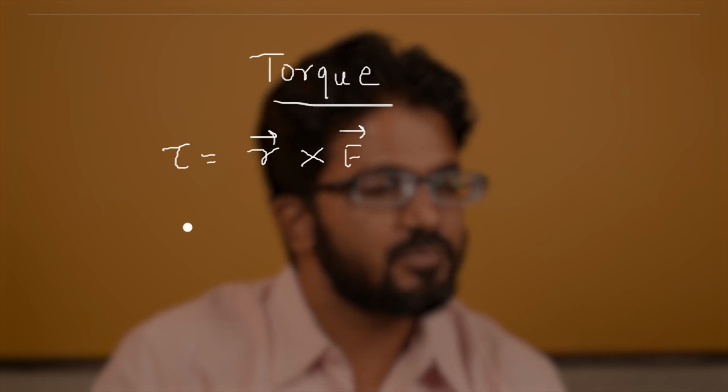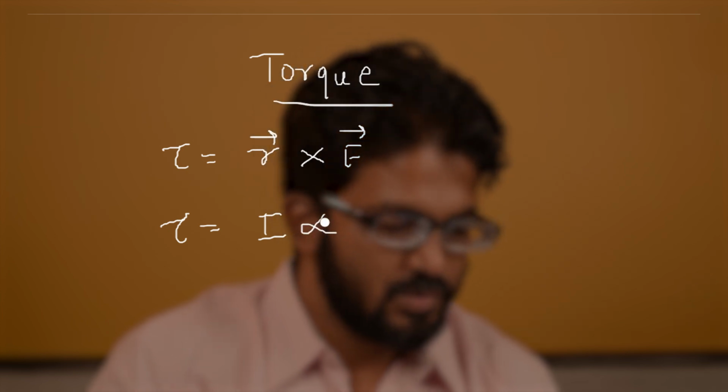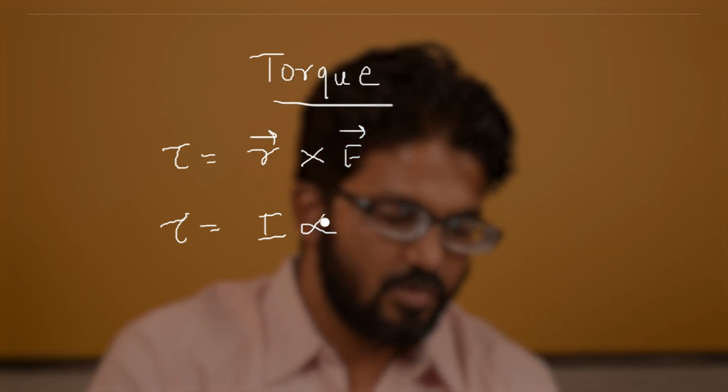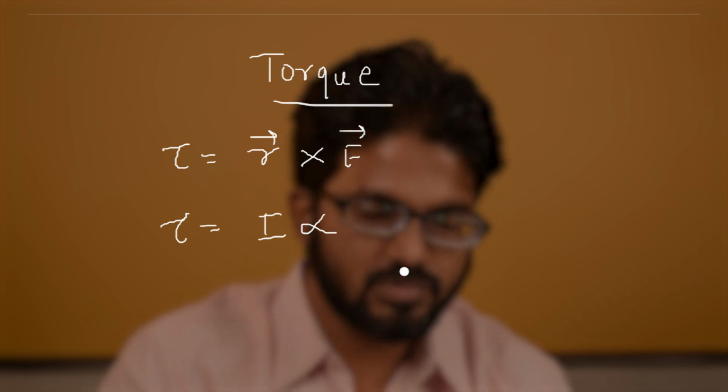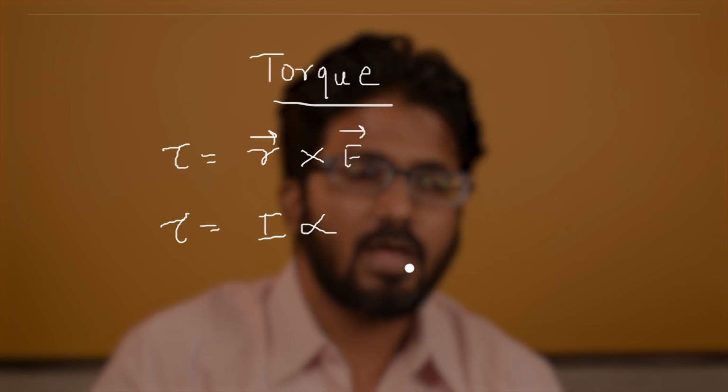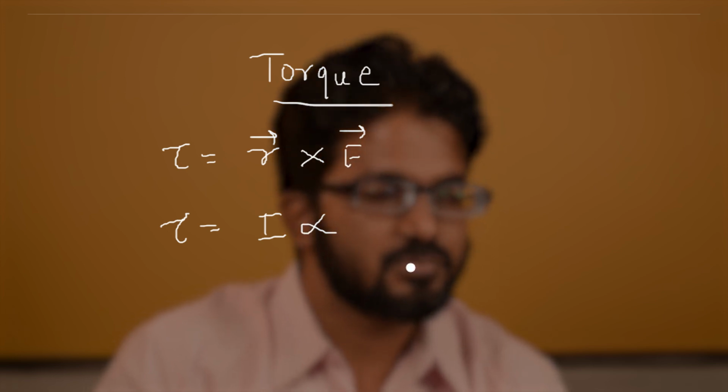We can also write it with the angular acceleration, that is torque is equal to I times alpha. So basically torque is dependent on three factors: one is the magnitude of the force, one is the point of application, and the other is the angle at which you are applying the force.